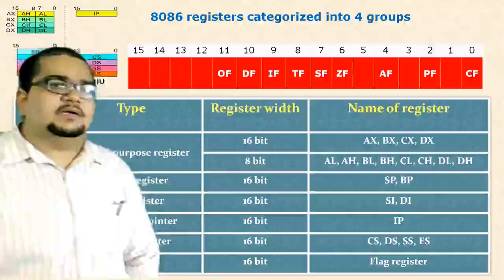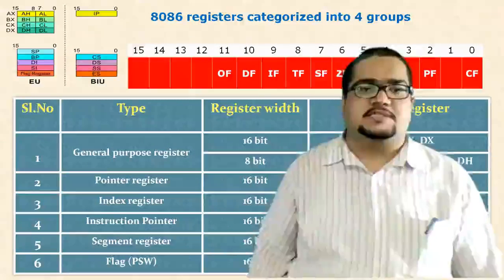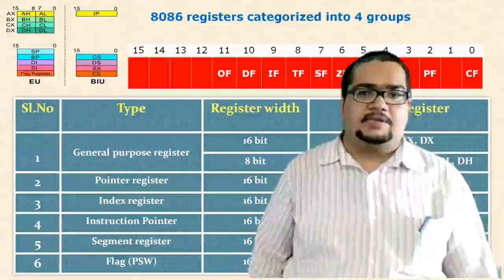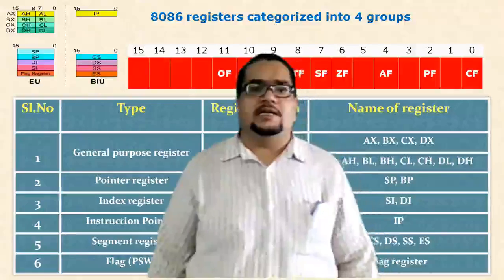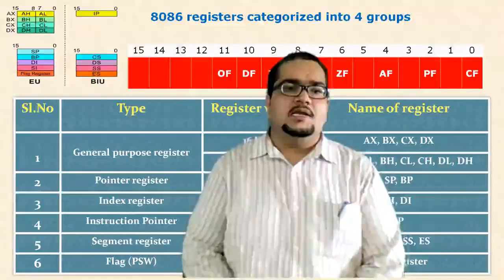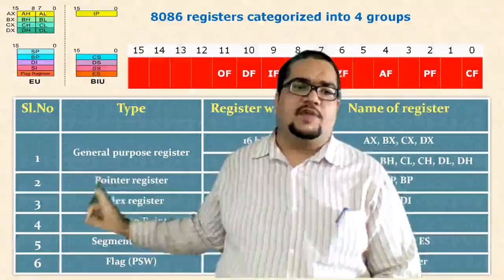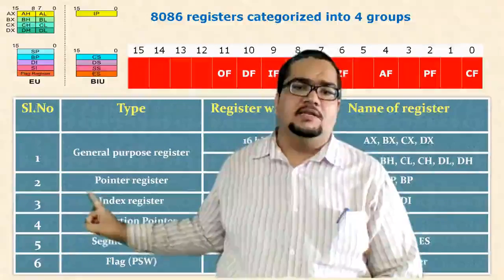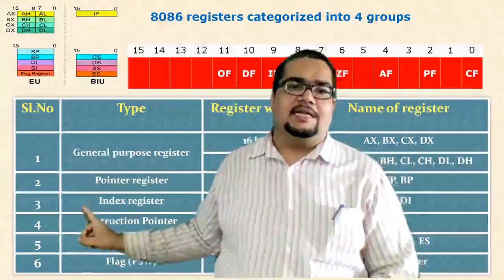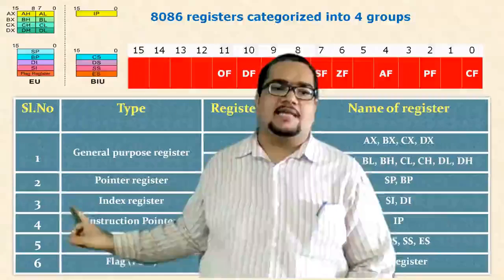Here is the listing of all that categorization of registers. General purpose registers: 4 of them, AX, BX, CX, DX. Then pointer registers, base pointer and stack pointer. Then index registers, the source index and destination index, SI and DI.